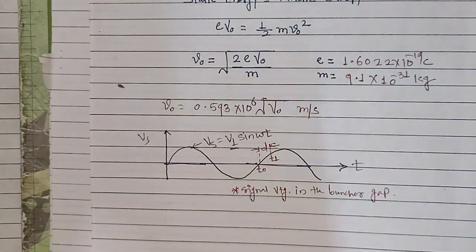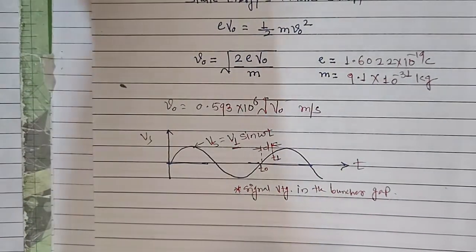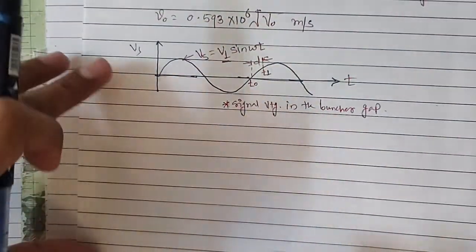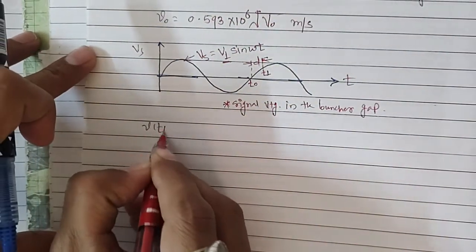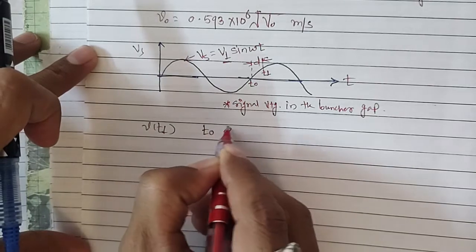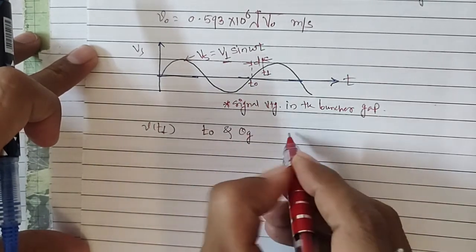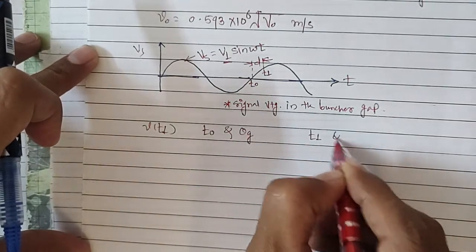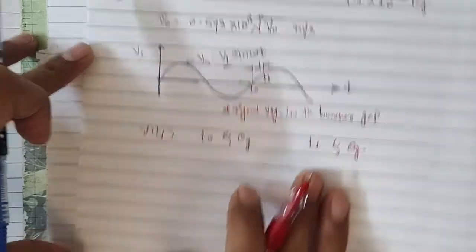In order to find the modulated velocity, we can determine the average microwave voltage present in the gap. To determine V of T1, we have two options. We can determine V of T1 in terms of T0 and theta g, as well as in terms of T1 and theta g. What is T0?